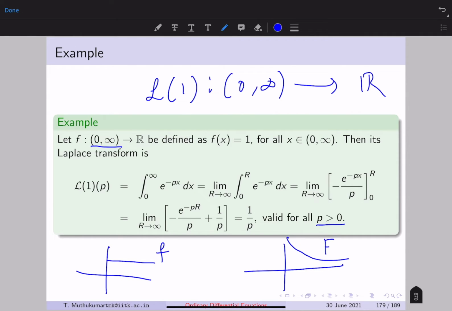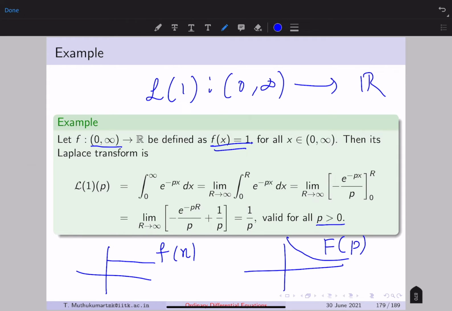This is your capital F. In this case the argument was x, in this case the argument is p. So this is one simple example: the constant function, when you take the Laplace transform, becomes a 1 over p function.